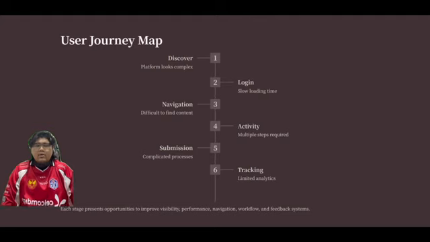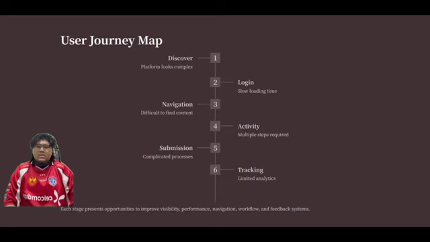Now I will move on to slide 9, which is the user journey map. According to the user journey map on page 9, the student experience on the Unicell e-learning portal can be divided into several stages. First is discovery, where the platform may appear complex to new users. Next is login, where slow loading times can occur. Then, during navigation, students often struggle to find materials easily.